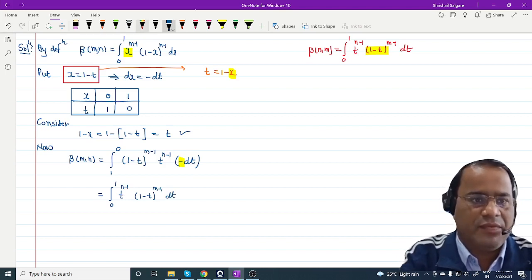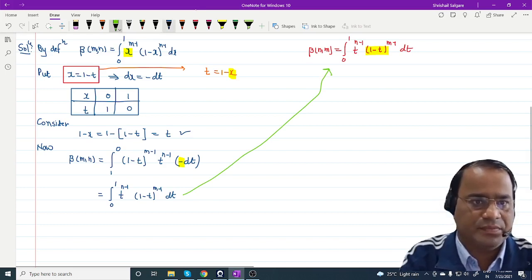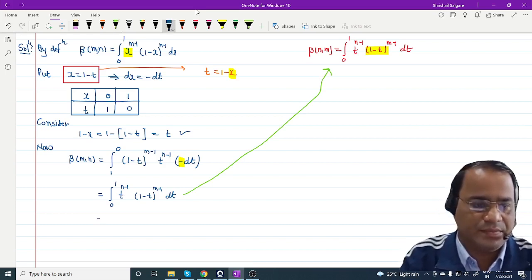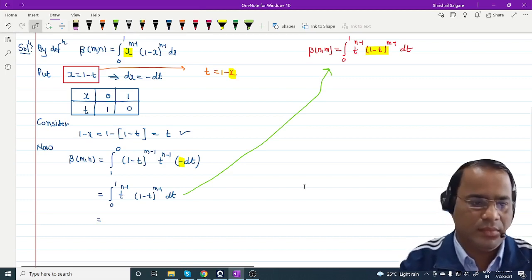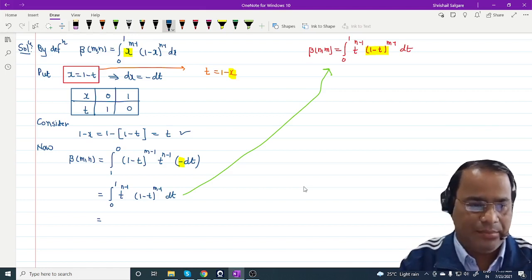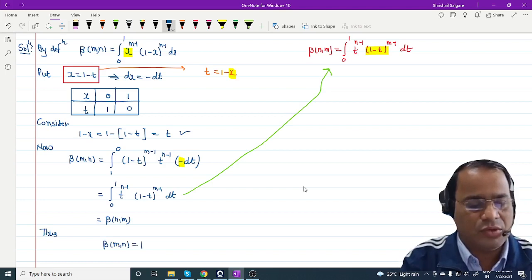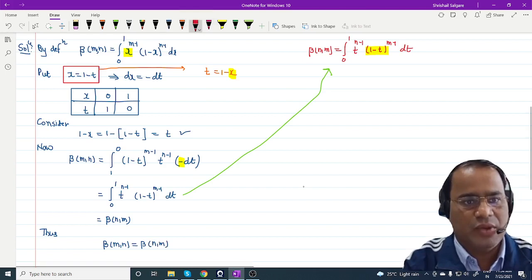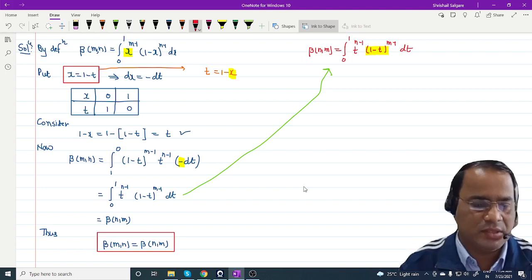And if you refer to the second definition, it defines beta of n and m. So thus the first property is beta of mn is equal to beta of nm. That means as per your convenience, you can change the role.